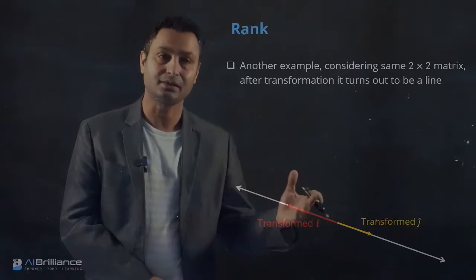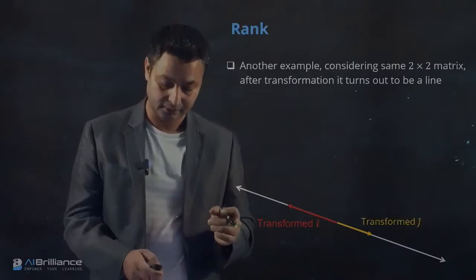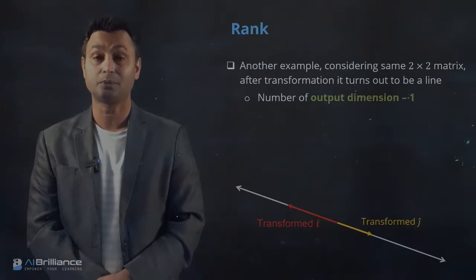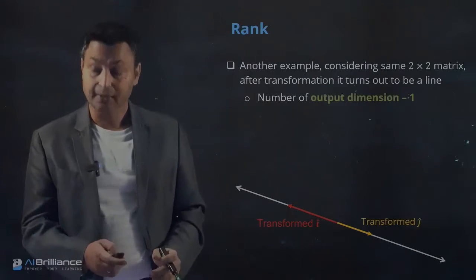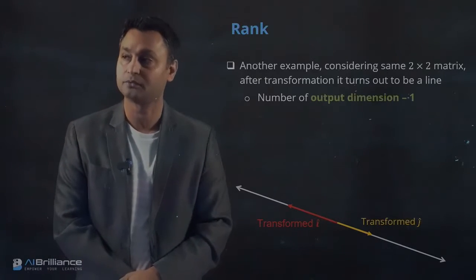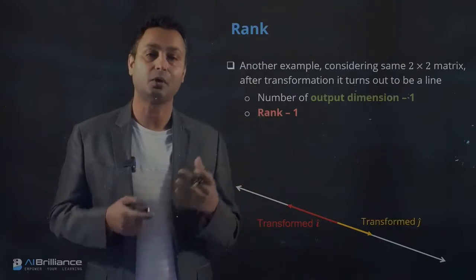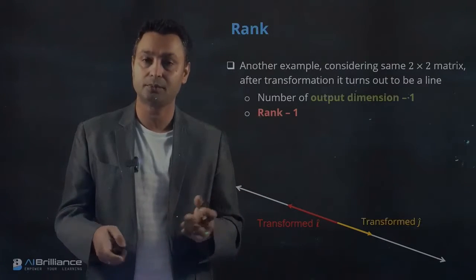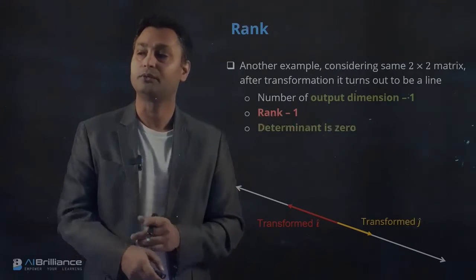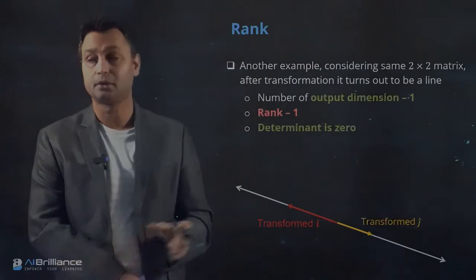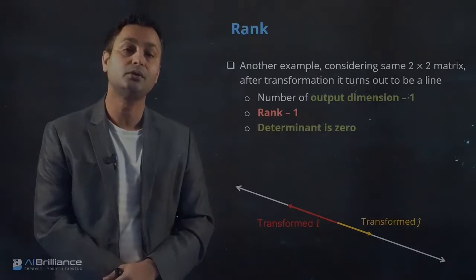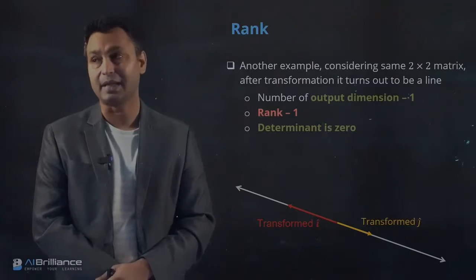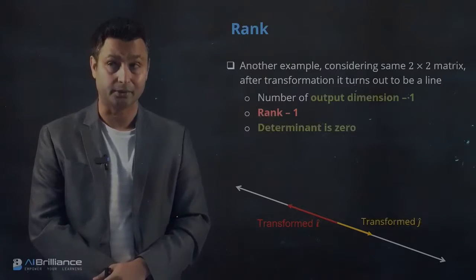In that case, geometrically the matrix will have rank 1, or the output dimension of that matrix is going to be 1, and this is the concept associated with rank, right? We want to know how many unit vectors are needed to represent the transformed output of a given matrix. In this case, the determinant turns out to be 0, and this can be used as an idea to determine the rank of a given matrix.